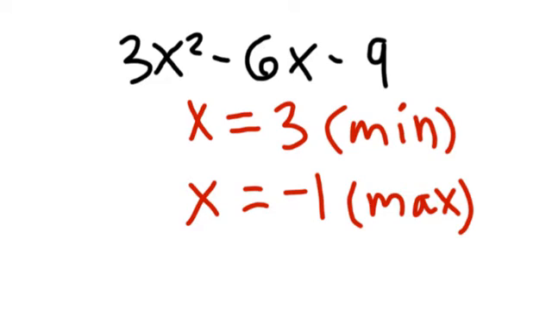So x equals 3 is where we find the minimum of our function, and x equals negative 1 is where we find a maximum. That is yet another one of the cool things that you can do with derivatives.